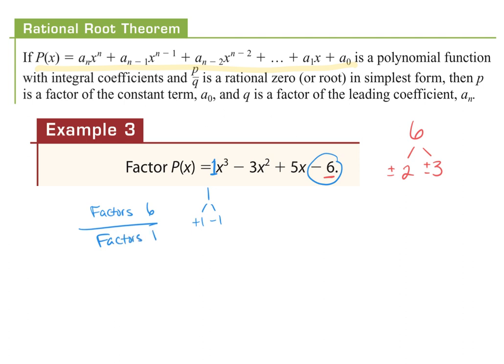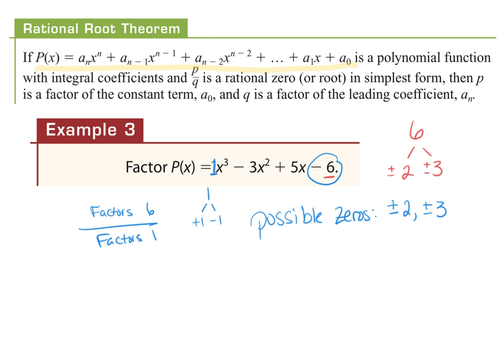Every one of them. And so I'm going to say my possible zeros. That's what they're asking. What are the possible zeros? They are going to be positive and negative 2 over 1, positive or negative 3 over 1.